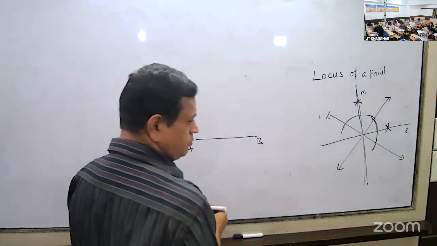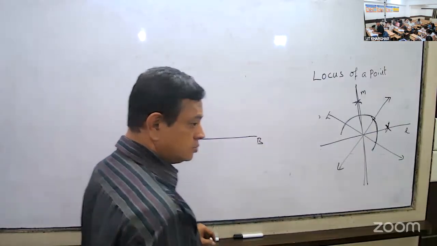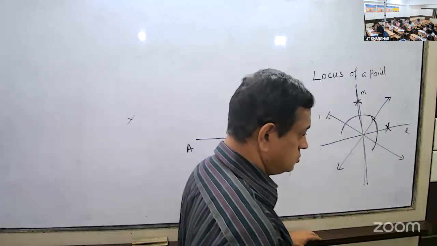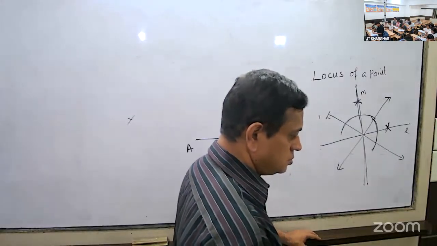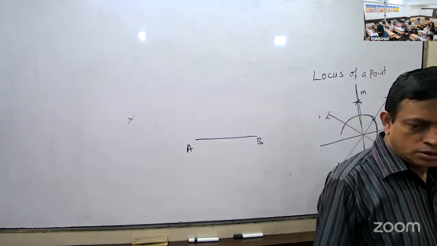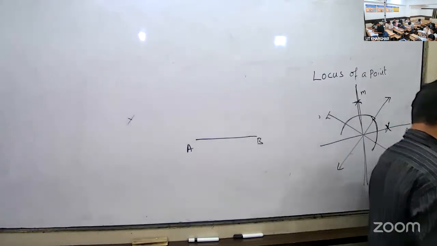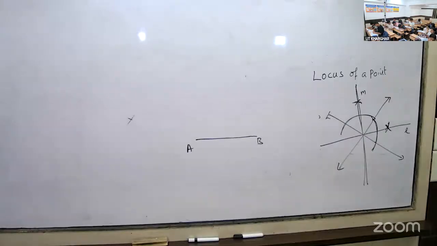Draw the perpendicular bisector of AB. Half of the class doesn't know how to draw the perpendicular bisector. Open more than half and cut on both the sides, above and below.